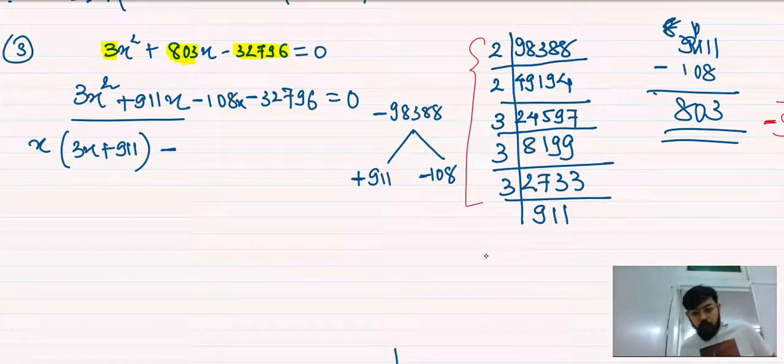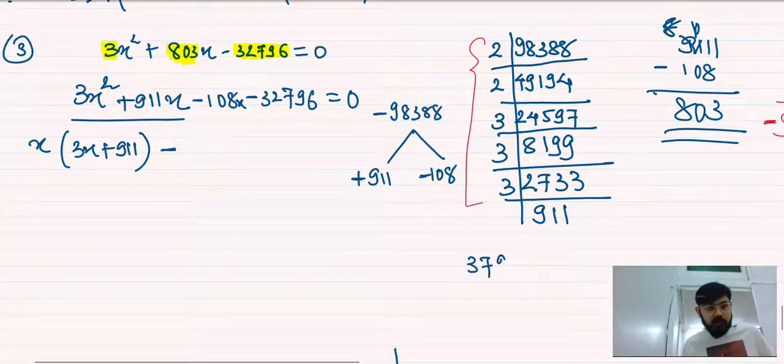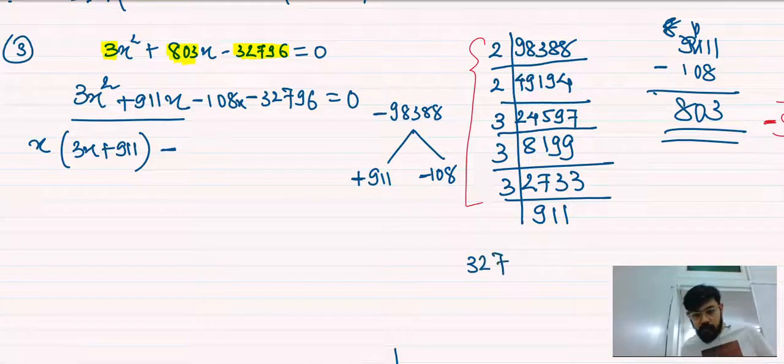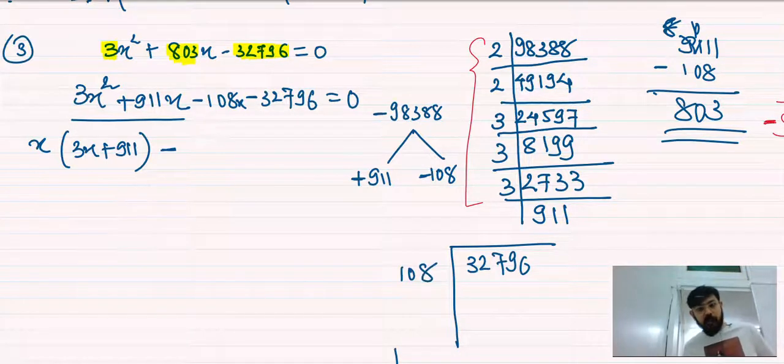So what I'll do is I'll divide 32796 by 108. Let's see what I get. If I multiply it by 3, I should get 324.